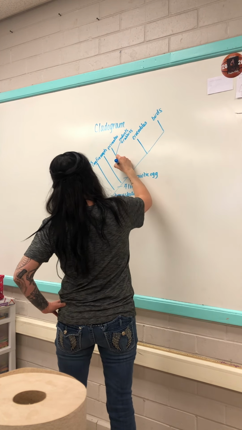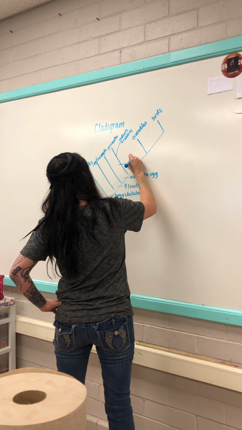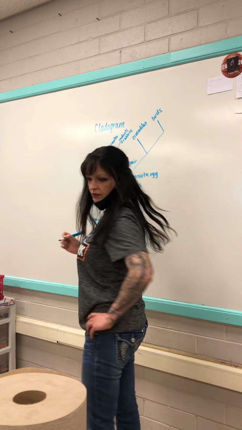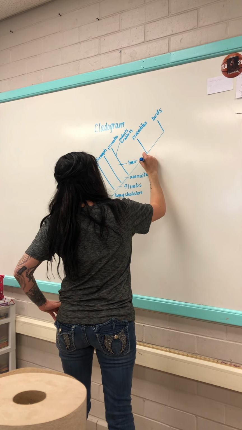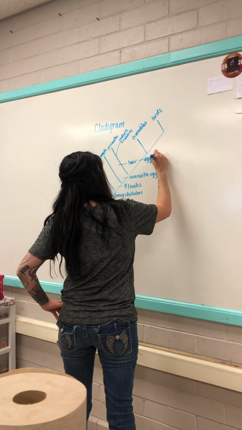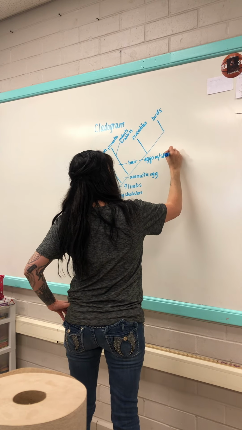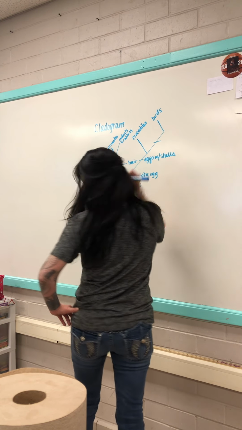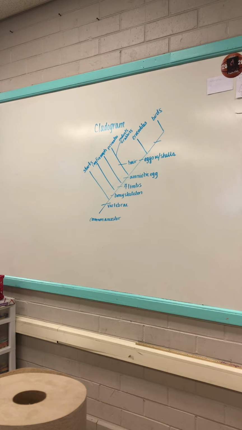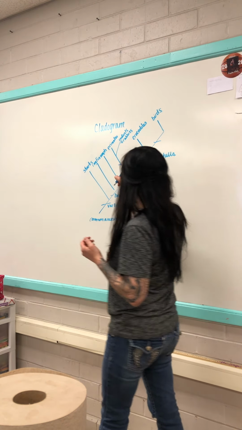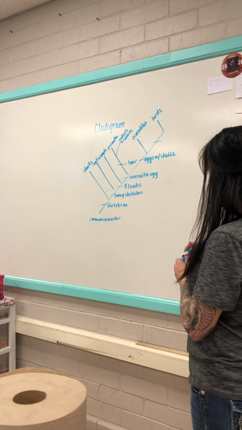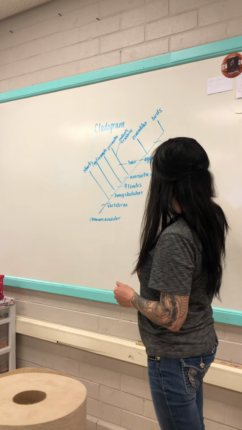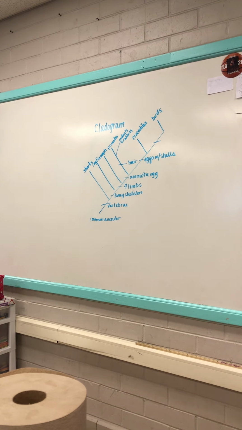So up here it was hair. Then the next one, eggs with shells. That's it. So you can see you've got this little mammal section that broke off right here, and they put the hair up there. Then you've got eggs with shells for the reptile part of it.